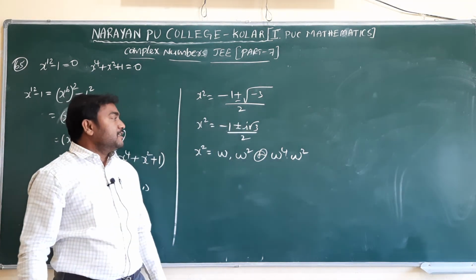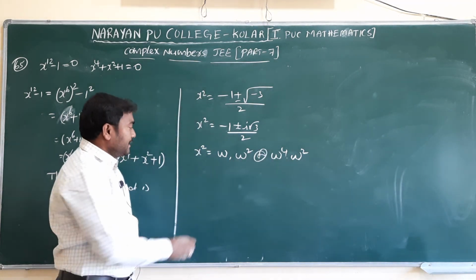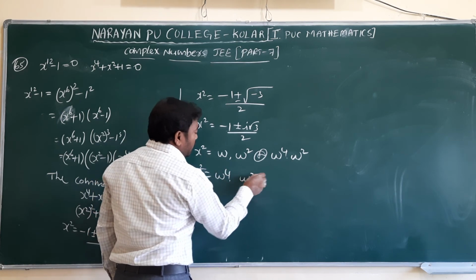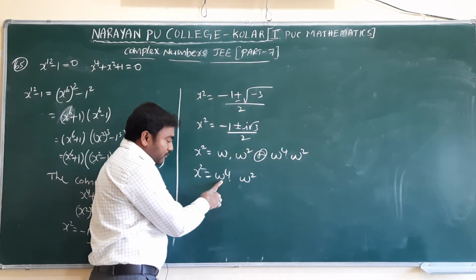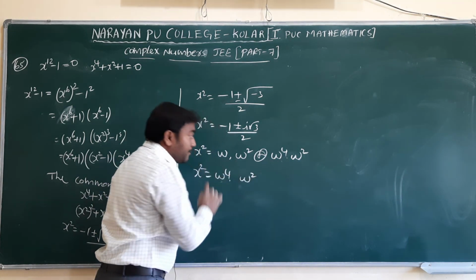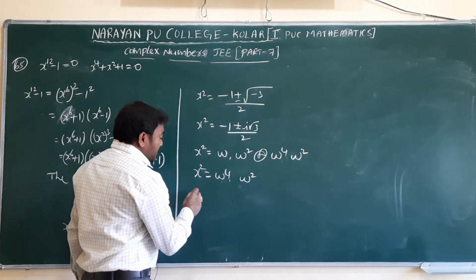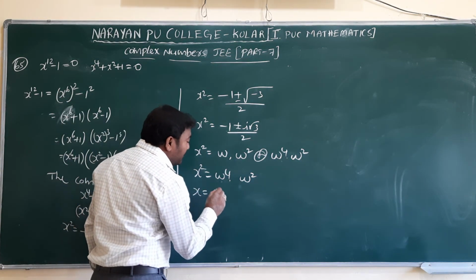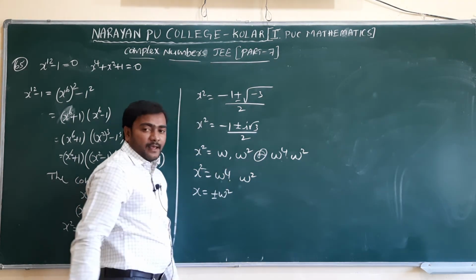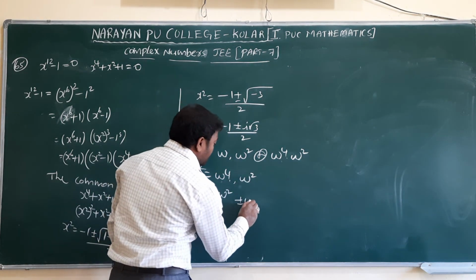Both values should be the same, so x² = omega power 4 into omega square. Omega power 4 is nothing but omega, because it can be written as omega cube into omega. Now x = ± √(omega power 4), and the square root of omega square gives ± omega.